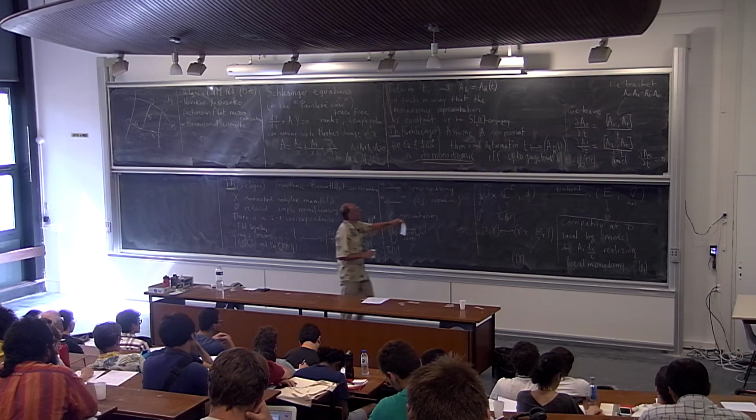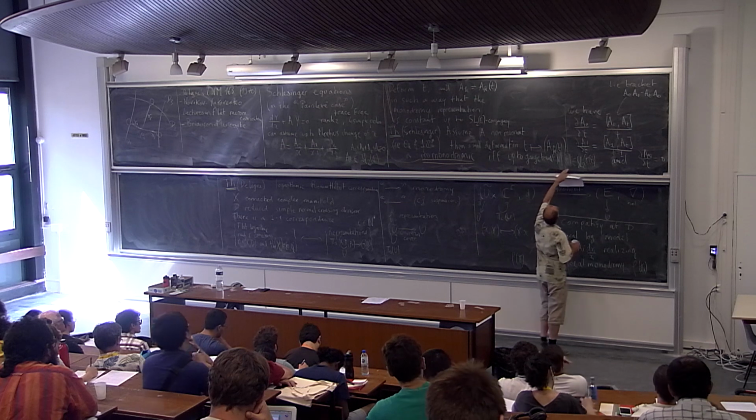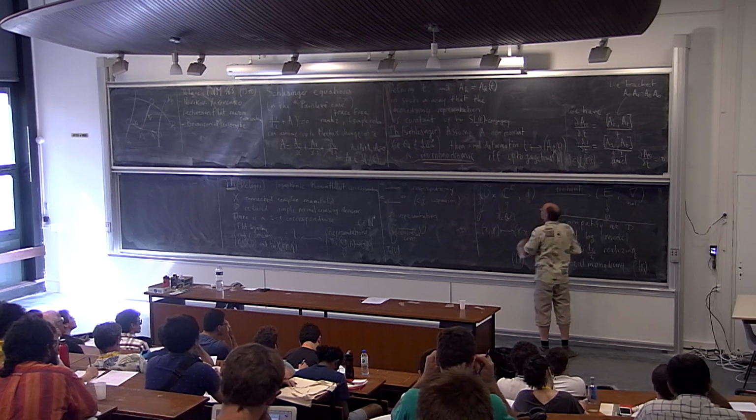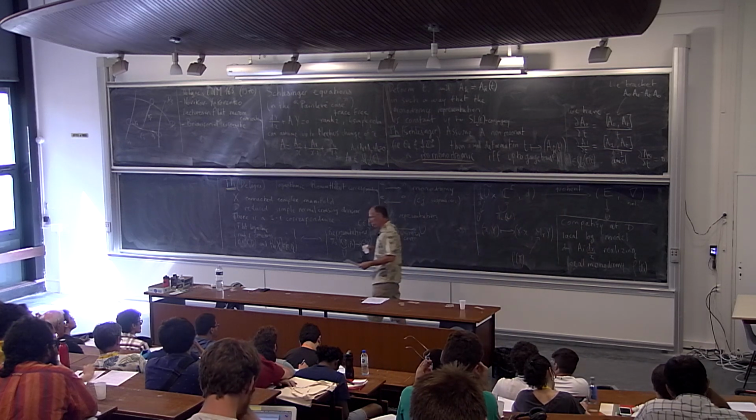So obviously the gauge transformation here does not impact the isomonodromic property.